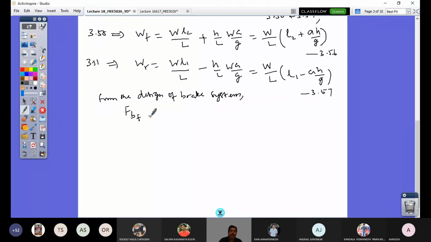FBF is going to be KBF times FB. So the total braking force provided by the brake system, into this proportion, is going to be for this.